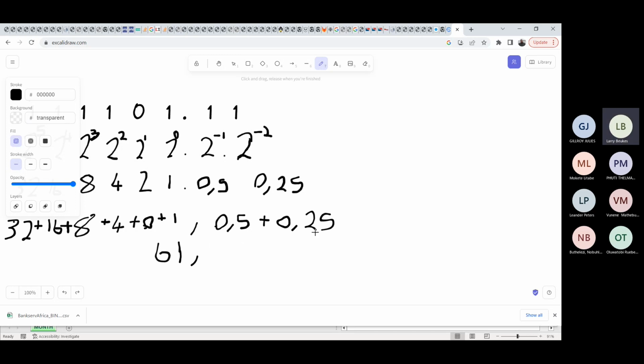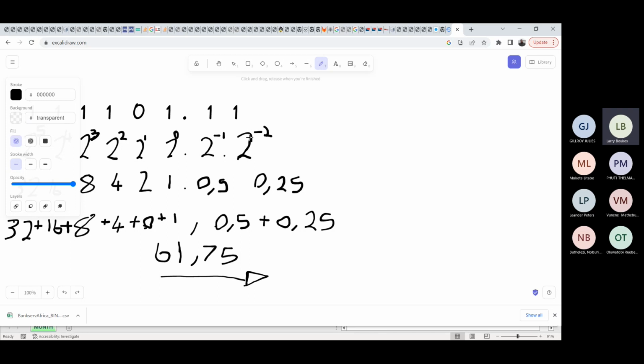So 0.5 plus 0.25 should be 0.75, right? So the answer is 0.75. We don't need the 0 because the 0 is added on this side, right? So it's 0.75. So this is our final answer.